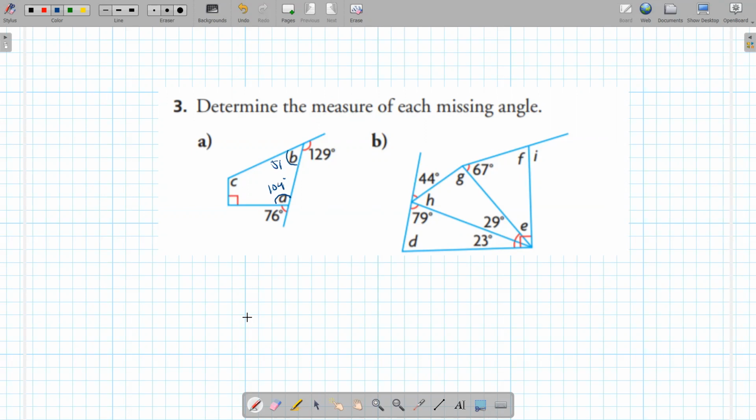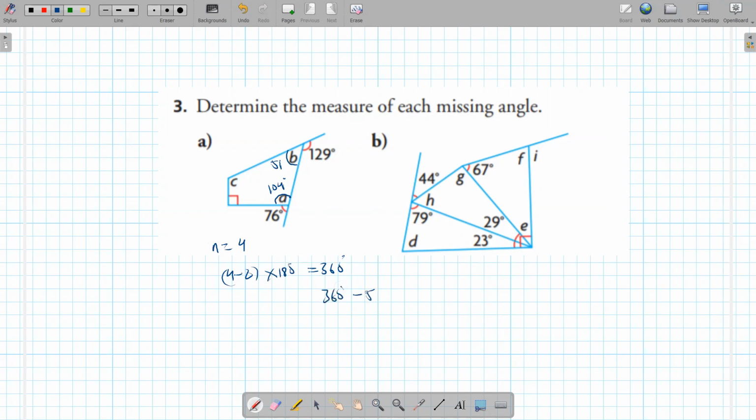What would be the sum of all of that? So how many sides does it have? 4, right? So it's going to be 4 minus 2 times 180. So it's going to be 360 is the total sum. So you just subtract the numbers you have from 360. Okay, what are the numbers that we have?